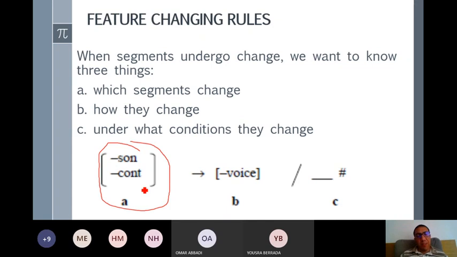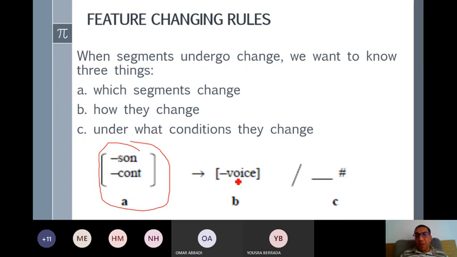So it can be a segment or a number of segments. Here we have the class of minus sonorant, minus continuant. We are referring here to obstruents, that is stops. They become minus voice. They are devoiced word finally.